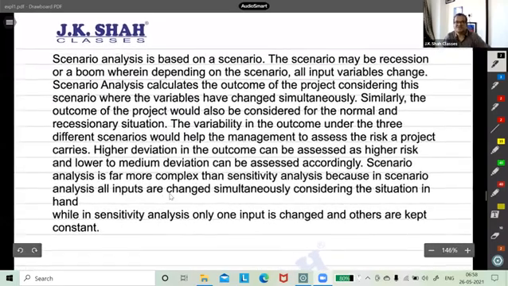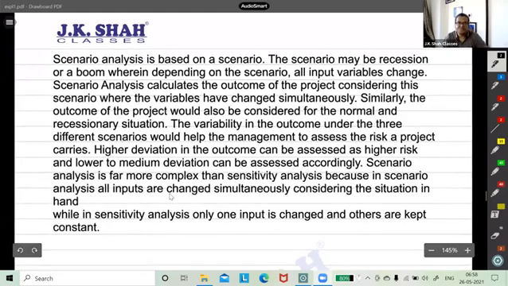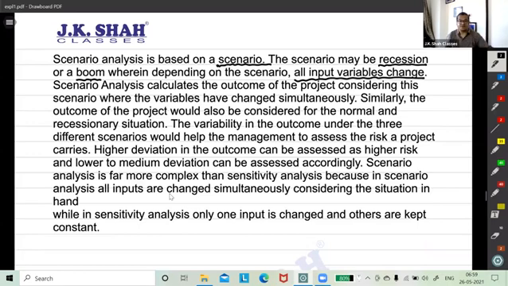Scenario analysis is based on scenario, obviously. The scenario may be a recession or a boom, wherein, depending on the scenario, all input variables change. Remember, sometimes after reading all this, people are like, so what is the difference between this and sensitivity analysis? So understand, guys, in sensitivity analysis, only one variable we change, and we study the impact of change in that variable on the overall NPV.